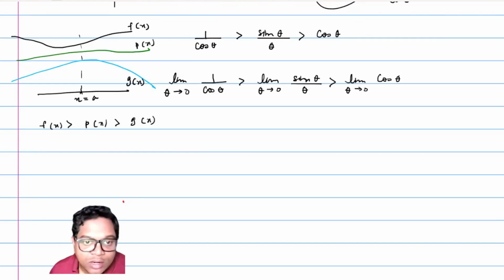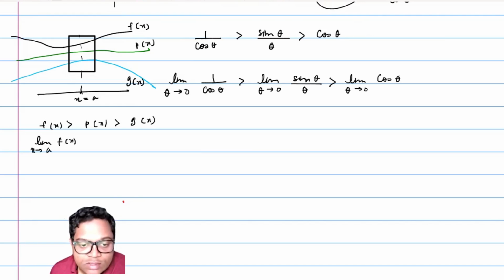And in a particular region over here, you can also see that the function f of x is greater than p of x and then g of x. So this can be written like this: limit x tends to a f of x, limit x tends to a p of x, and limit x tends to a g of x.